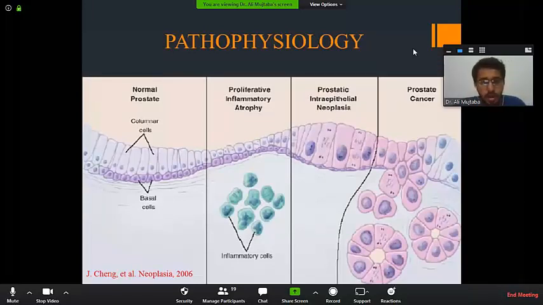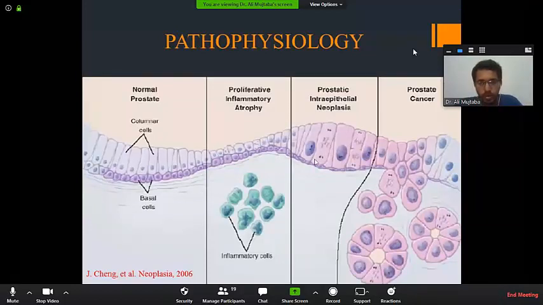Proliferative inflammatory atrophy. Here we can see the excessive proliferation of the epithelial cells and infiltration of inflammatory cells. There is also the atrophy of epithelial cells.